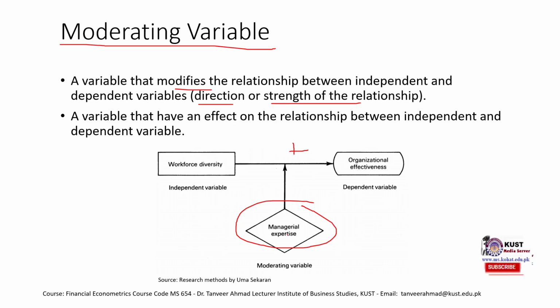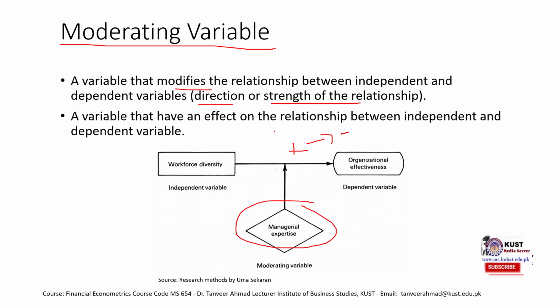Now you would see that this variable, managerial expertise, is changing the direction. It is converting the positive direction to a negative direction or vice versa of the relationship between the independent and the dependent variable. It isn't affecting the variable directly, but it is affecting the relationship between those variables.